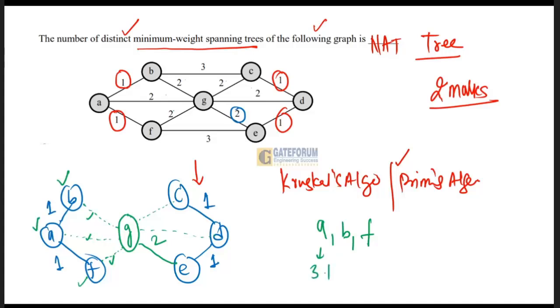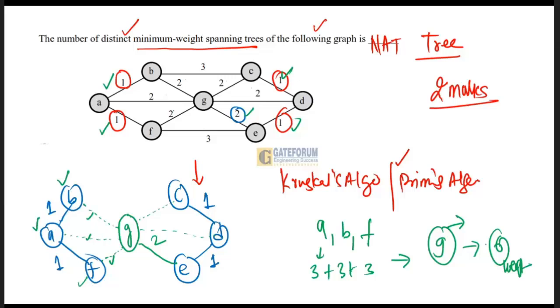So 3 possibilities plus 3 possibilities plus 3 possibilities. Ultimately total 9 minimum spanning trees we may get. Means these 9 spanning trees which are minimum will have equal weight. And what would be the equal weight? That would be simply calculated as 1 plus 1 is 2, plus 1 is 3, plus 1 is 4, plus 2 is 6. All these 9 spanning trees will have 6 weight.